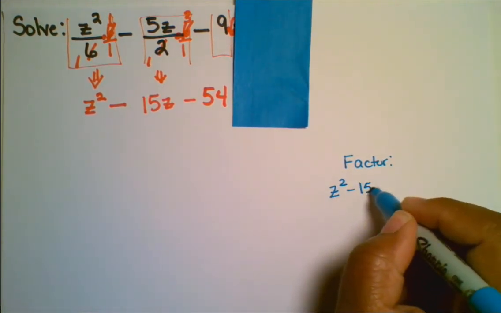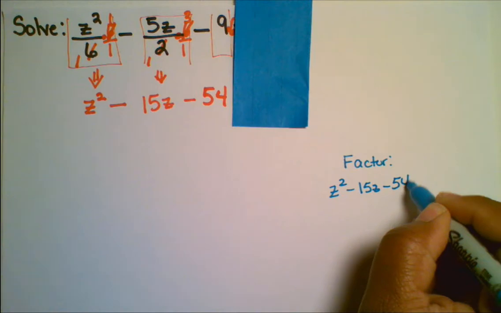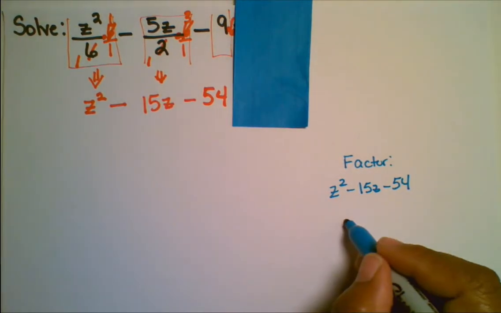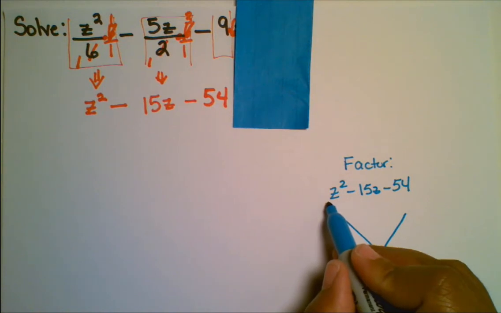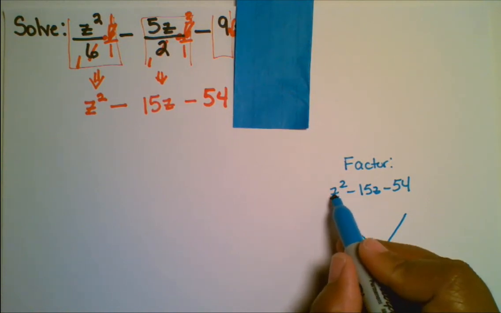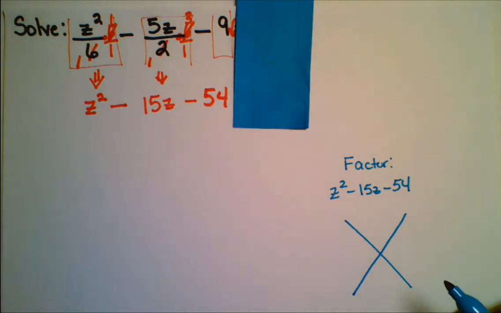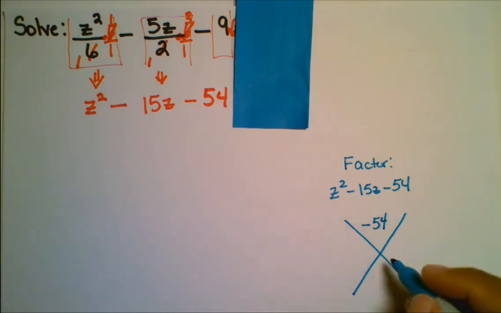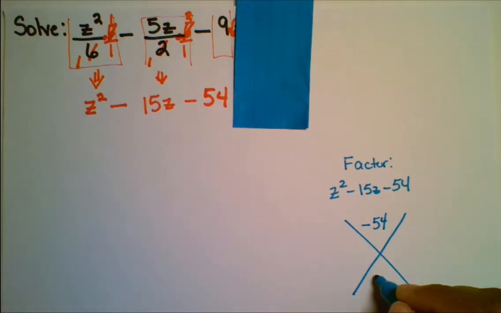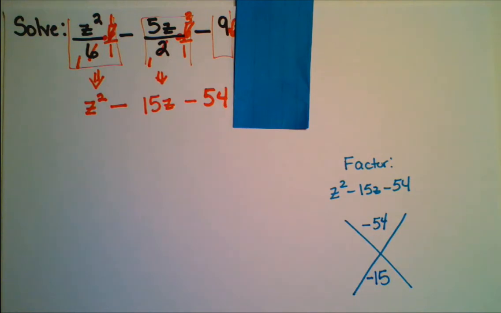We have 3 terms. It is not a perfect square. We're going to use the X puzzle because there is no number in front of this z squared. So we're looking for factors of negative 54 that, when added, give us negative 15. What do you think those factors are?